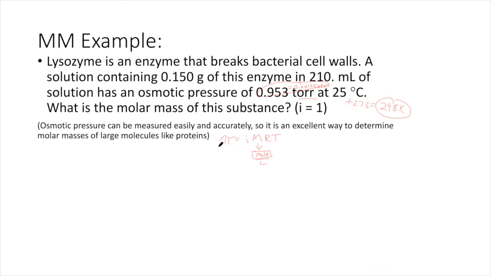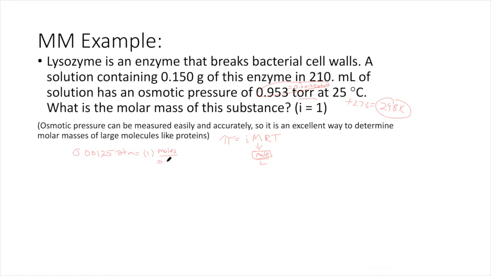Okay, so let's start plugging in some numbers here. So the osmotic pressure, we are told, is 0.00125 atmospheres. Okay, and that equals 1. The Van't Hoff factor is 1. And then that's times moles per liter. Well, okay, so I'm told the volume is 210 milliliters.